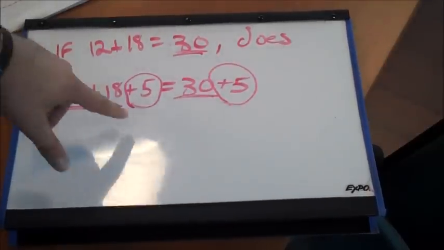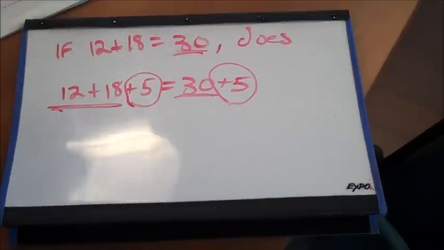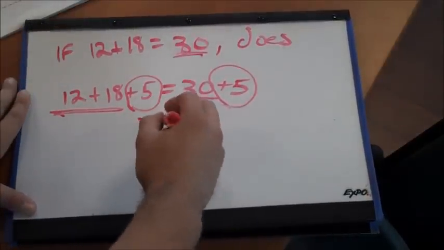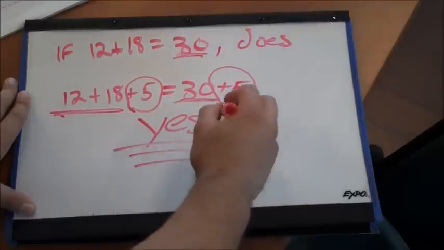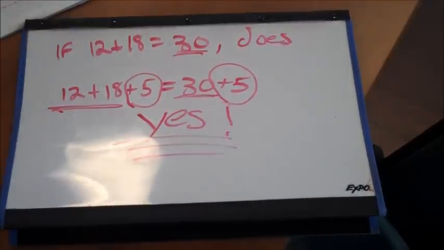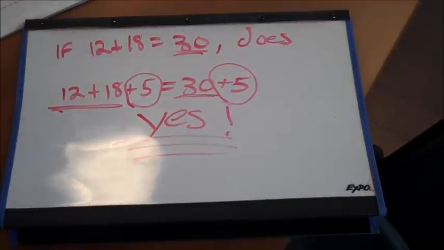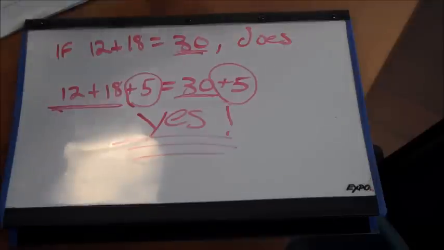And since we added 5 to both sides and didn't change anything else, yes, they are equal. That's what we're looking into, properties of equality. With the addition property of equality, if we add the same amount to both sides of the equation, then we're following that property and the rules. Let's take a look at another one.